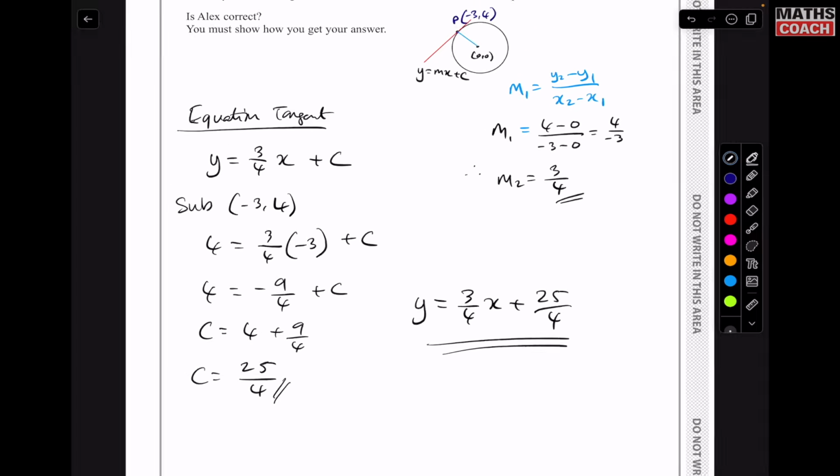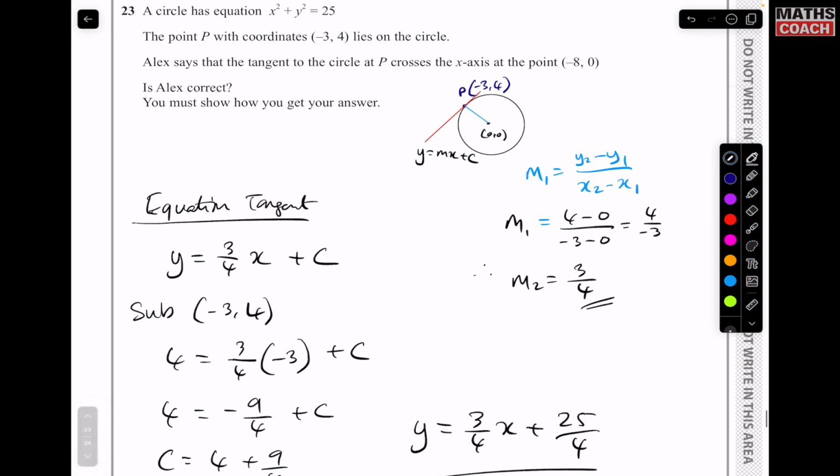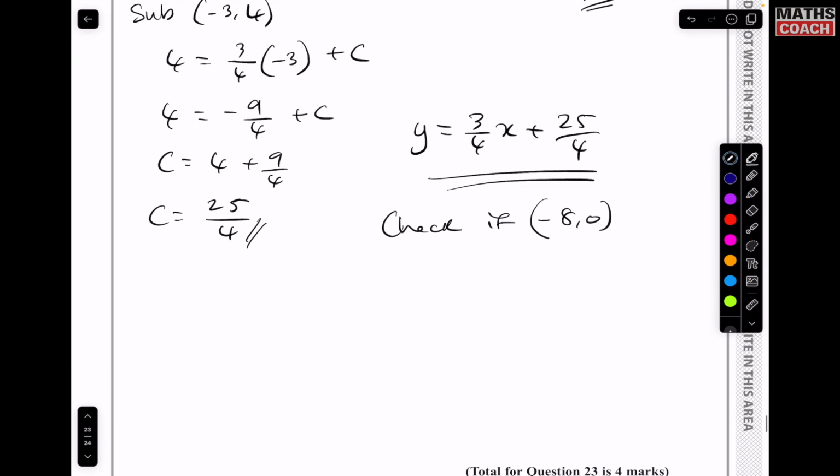Now, I just need to check if minus 8, 0 is a point on that line. If it is, then it crosses the x-axis at that point. But let's see if it's a point on that line at all. So x is equal to minus 8. Let's sub it in.